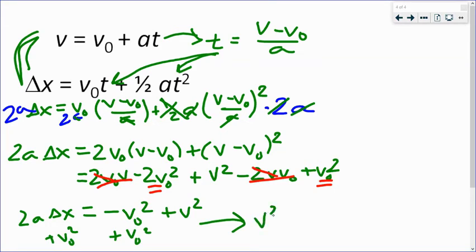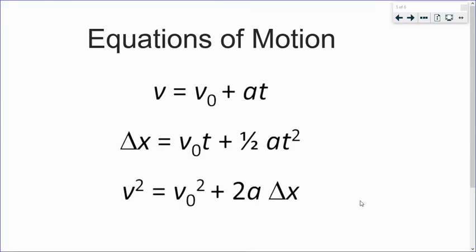We end up with v squared equals v0 squared plus 2a delta x. And this is our third equation of motion. The velocity squared equals the initial velocity squared plus 2 times the acceleration multiplied by the displacement. That gives us our three equations of motion.